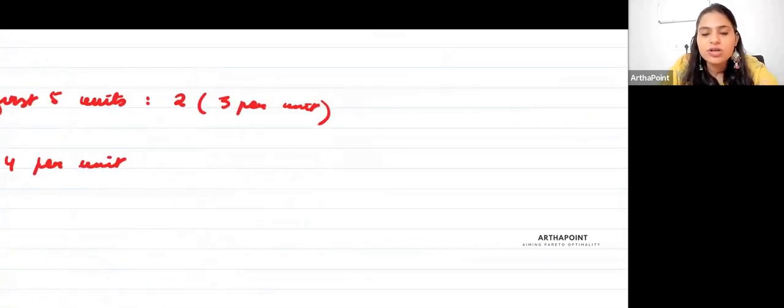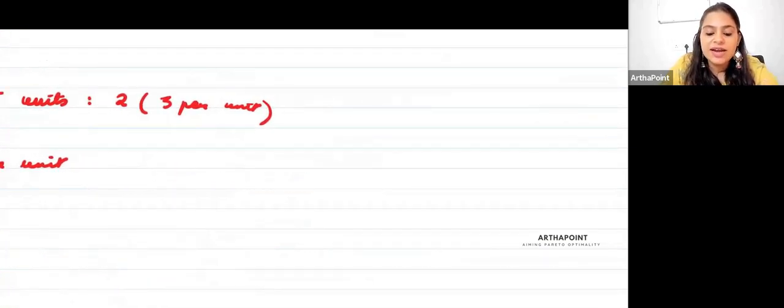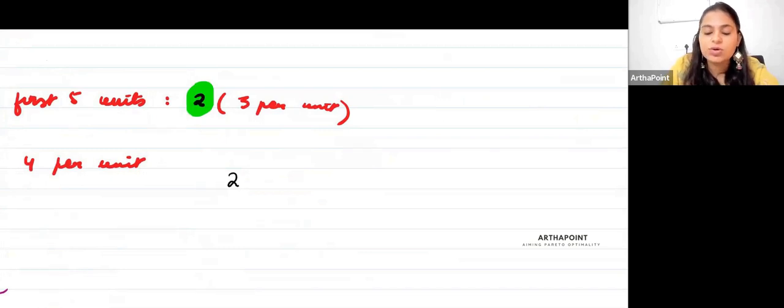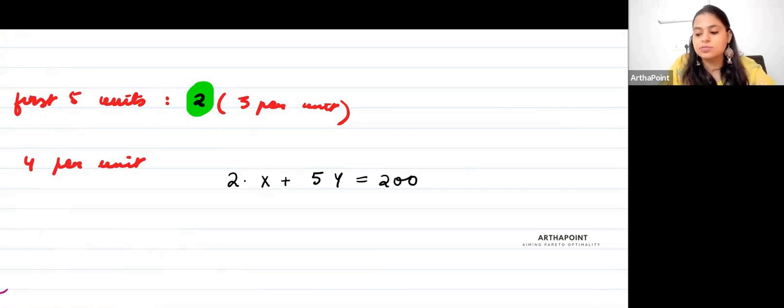So basically what the question is saying is that for the first 5 units, the price is 2 rupees per unit. So your budget line will be 2 times units of X plus price of good Y into units of Y is equal to income.